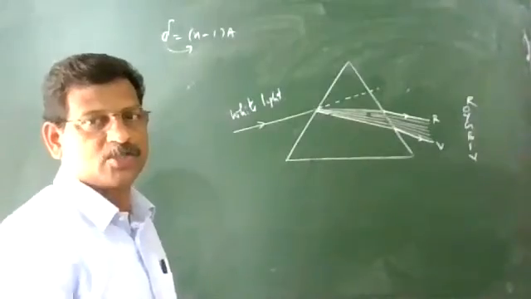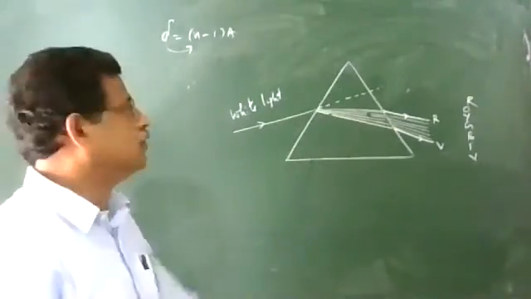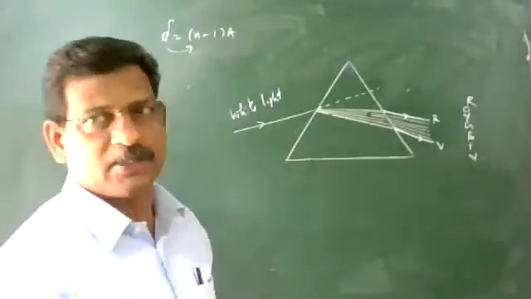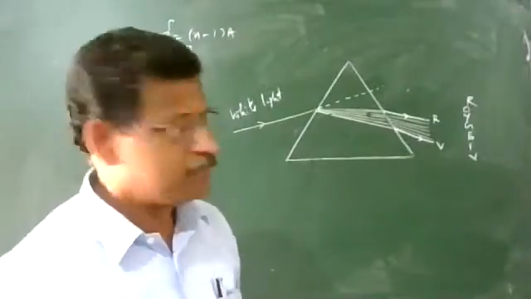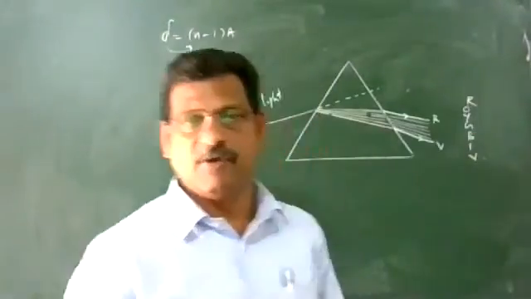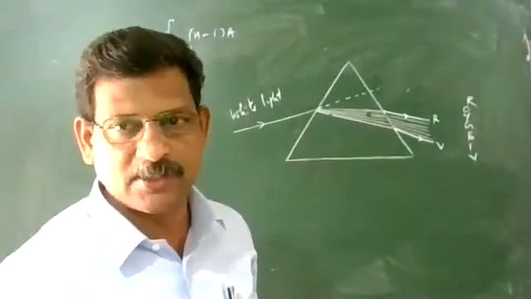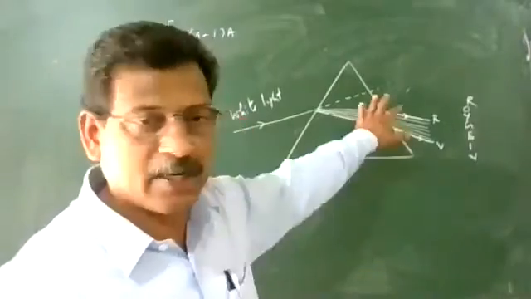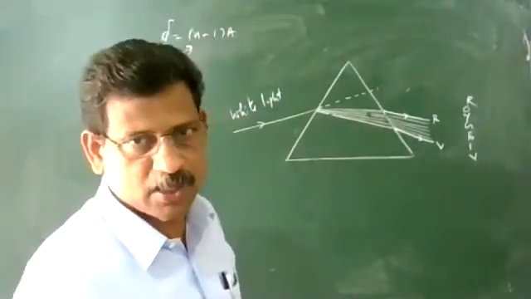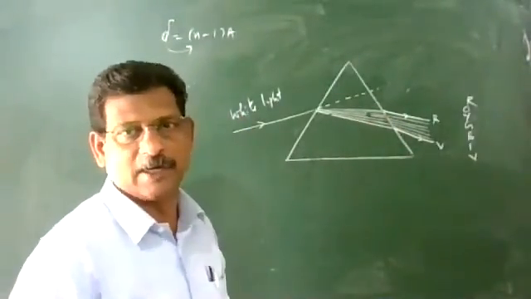All the different colors, violet, indigo, blue, red, all have different wavelengths. The least wavelength is for violet and the maximum wavelength is for red. I am coming to that point. First I am going to mark the deviation produced by violet and red.